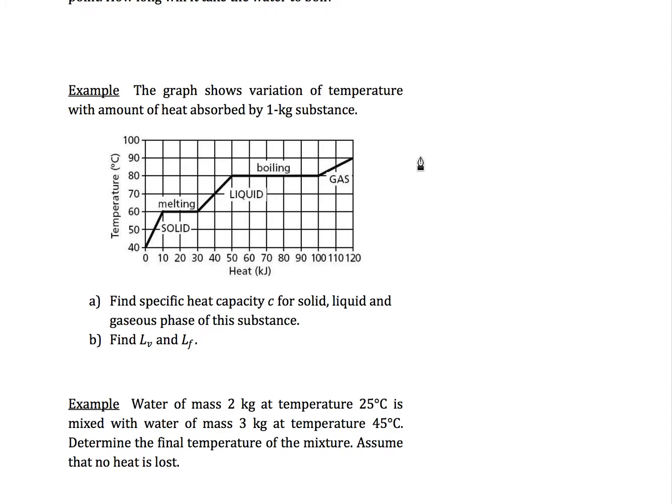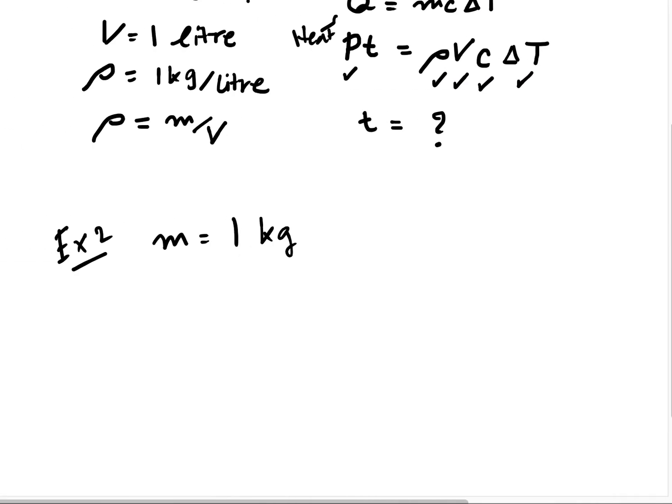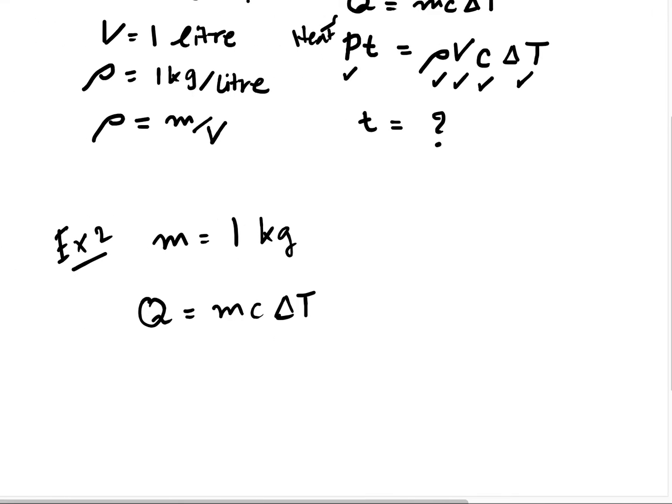So if you write down the equation, the relationship between heat and temperature change, again, Q = mc delta T. So if we have the plot between temperature and heat, temperature is at the y-axis and heat is at the x-axis.